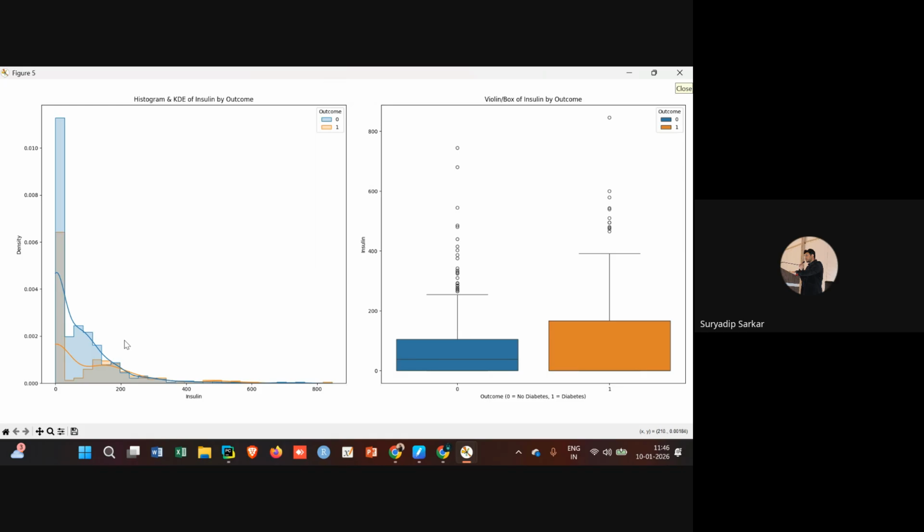We saw a very minor shift, and in insulin we are not even seeing any shift. So probably this data is coming from people who are not on insulin as of yet. Probably this data was taken from people immediately after their diagnosis of diabetes. Okay, this is one inference we can draw from this particular plot.